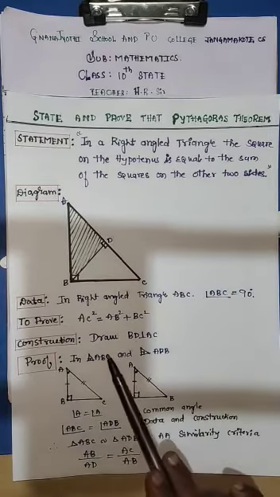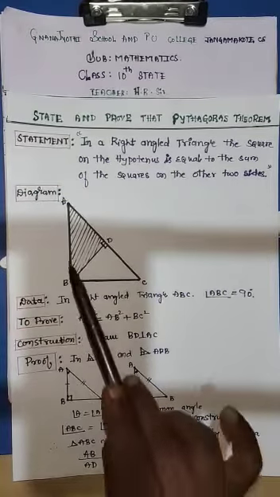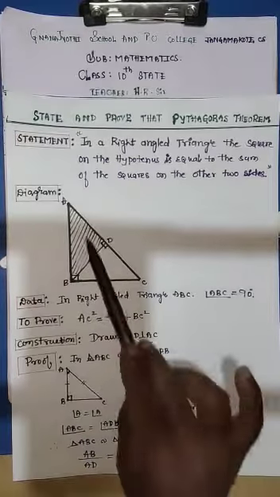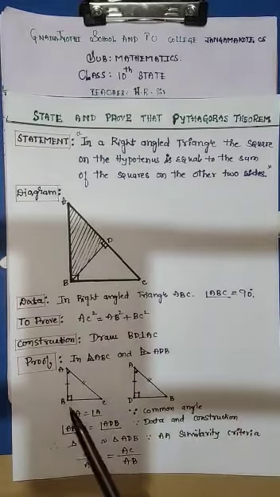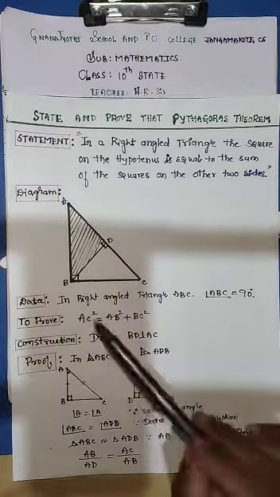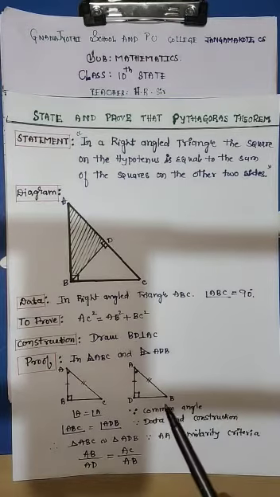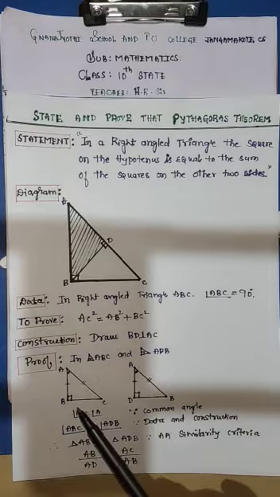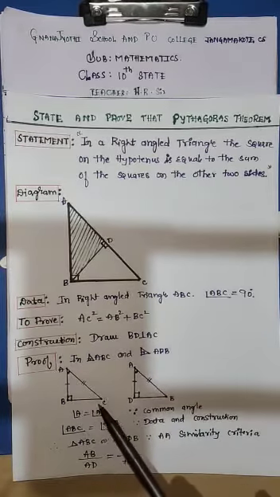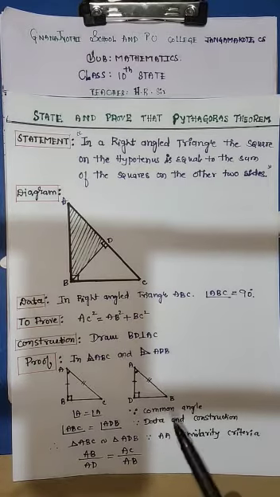Next we have the proof. Under proof we have statements and reasons. The given statement is in right angle triangle ABC, this is the whole triangle ABC, and right angle triangle ADB. So we have two triangles, one is ABC and another right angle triangle is ADB, right?